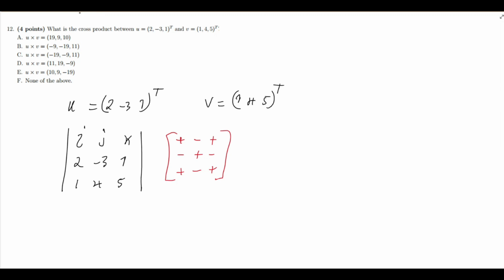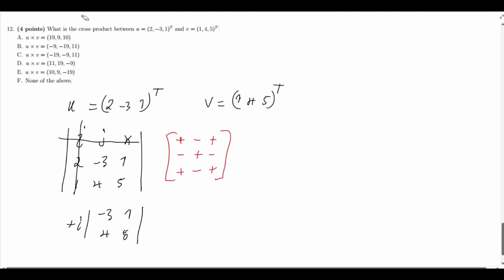Having that in mind, we start with i, which is positive. The sub-determinant here is just like covering this row and column; we are left with minus 3, 1, and 4, 5 to get a determinant. We are done with that. We go on to j.